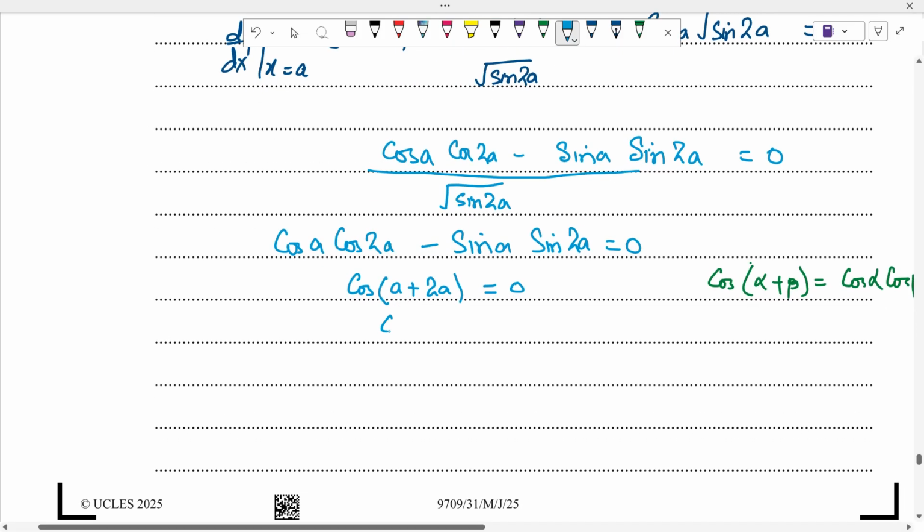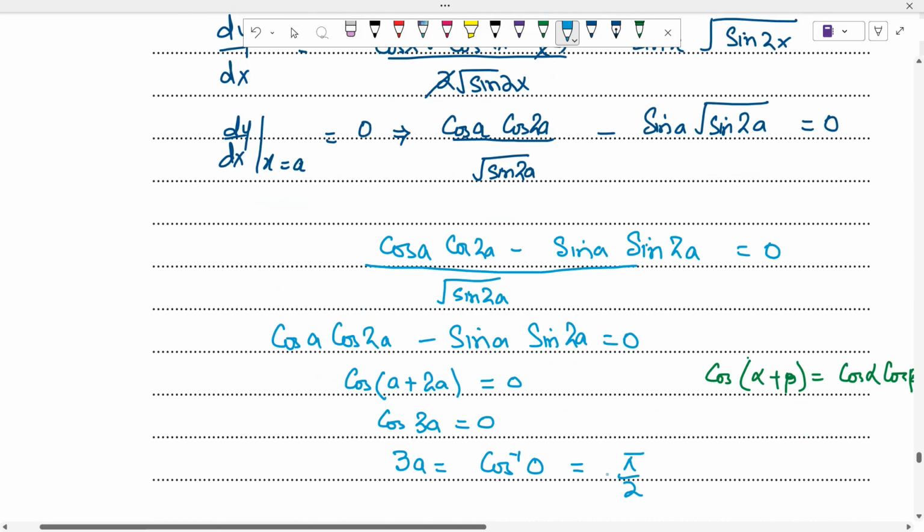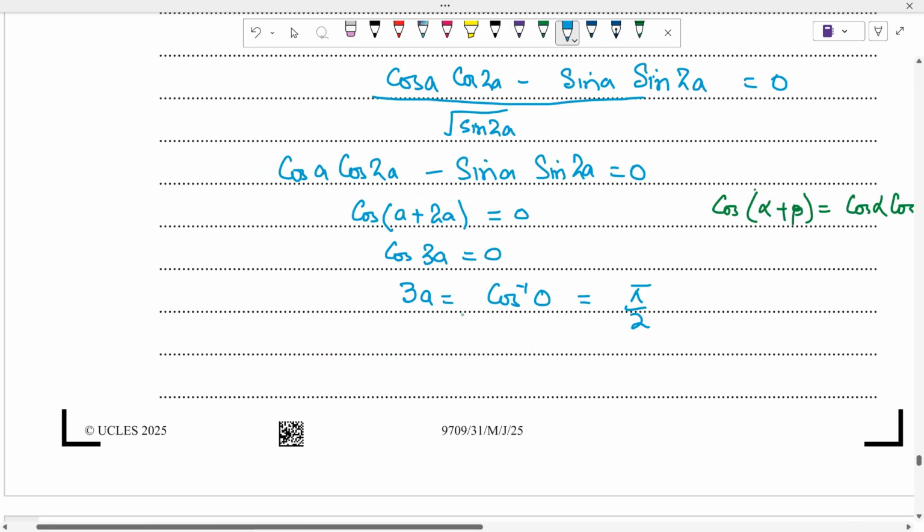So we can say that cos of 3a is equal to 0, and 3a is equal to cos inverse of 0, which is pi by 2. So pi by 2 is the angle which satisfies the given range. So we can say that 3a is equal to pi by 2 and a is equal to pi by 6.